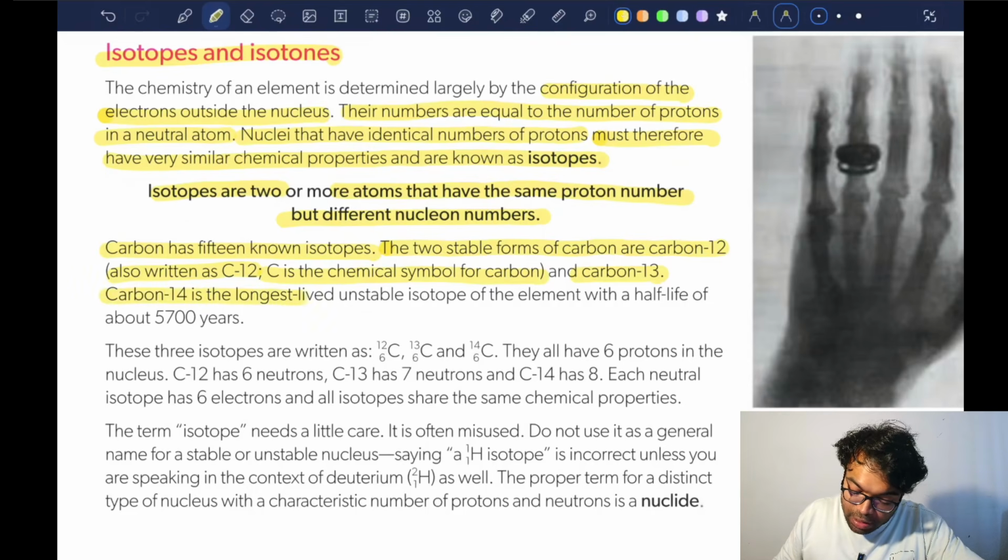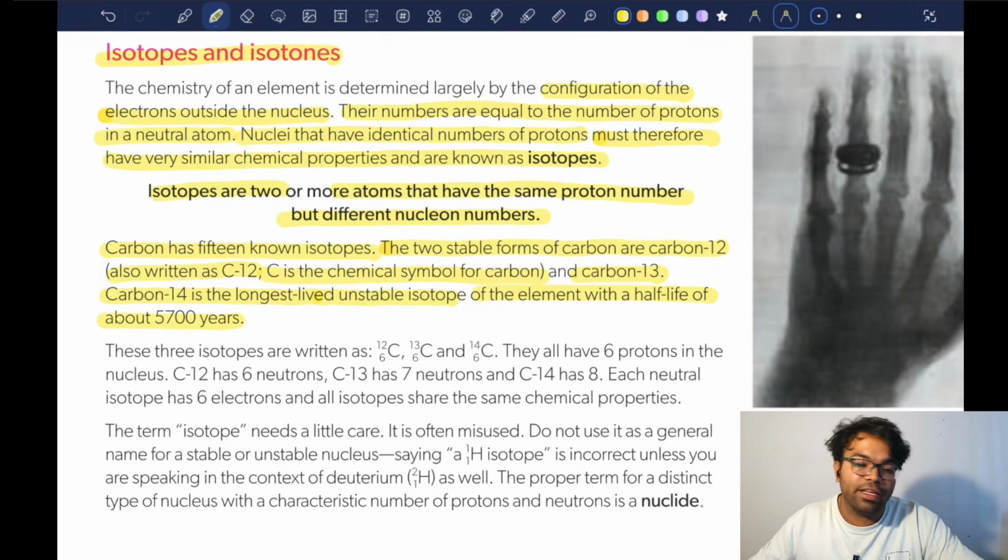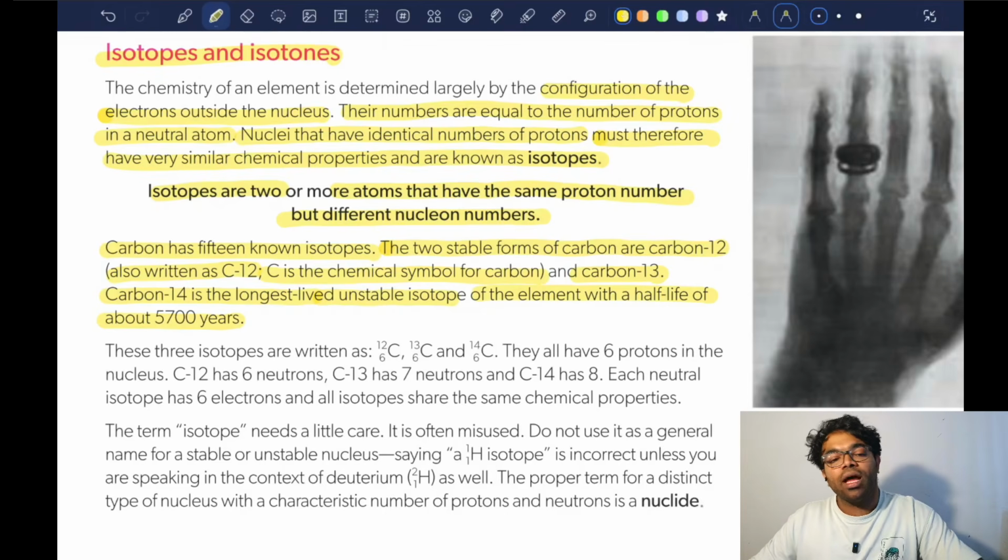Carbon 14 is the longest-lived unstable isotope of an element, with a half life of about 5,700 years. So basically 1 kilogram of carbon 14 will become exactly half a kilogram in 5,700 years. That's what half life means.